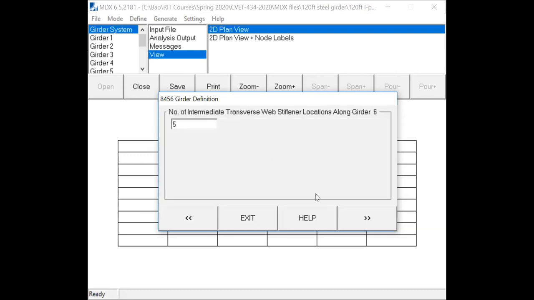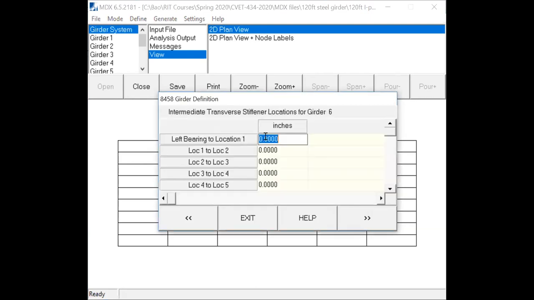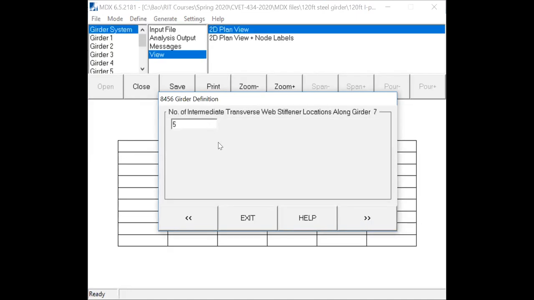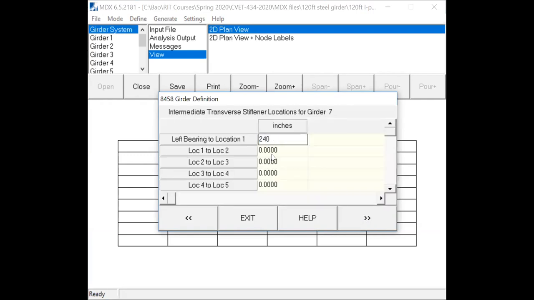Girder 6, also 5 locations. Okay, 7, 5 locations, 240 is for the stiffener spacing.